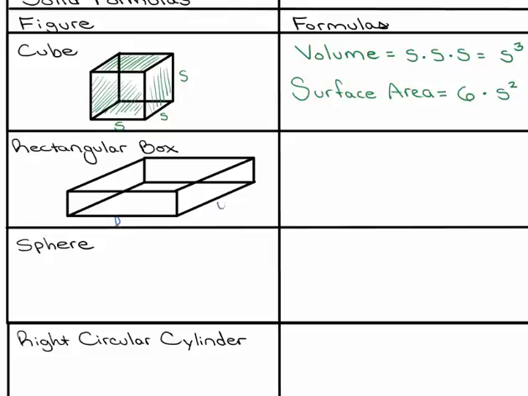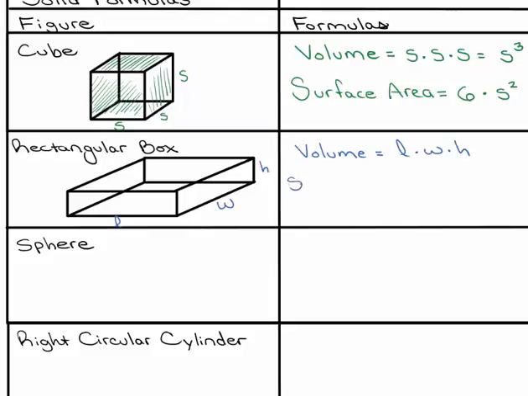Length, width, and height. To find the volume of this rectangular box, all we have to do is multiply length times width times height.